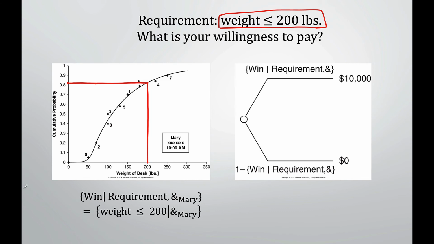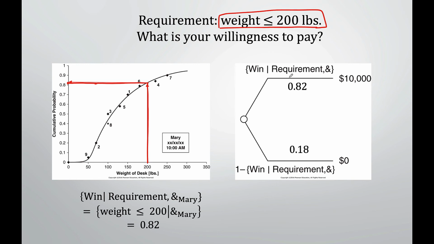So the probability of winning the $10,000, that is the probability that the weight is less or equal to 200 pounds by you, Mary, is 0.82. In that case, we can simply put 0.82 as the probability of this possibility of the binary deal. Consequently, the probability that the weight of the desk does not satisfy the requirement is 0.18.